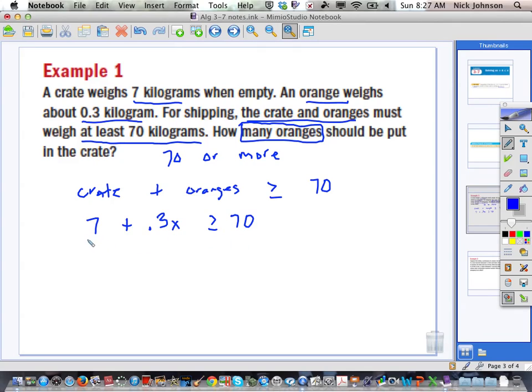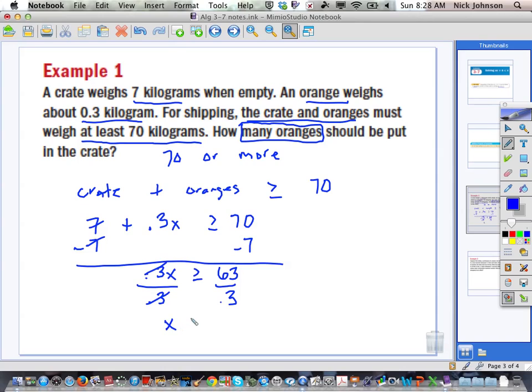So the inverse of adding 7, notice the sign, there is no sign, so that's a plus, is subtracting 7. Whatever I do to one side, I do to the other. Leaves me with 0.3x is greater than or equal to 70 minus 7 is 63. The inverse of multiplying by 0.3 is dividing by 0.3. Whatever I do to one side, I do to the other.